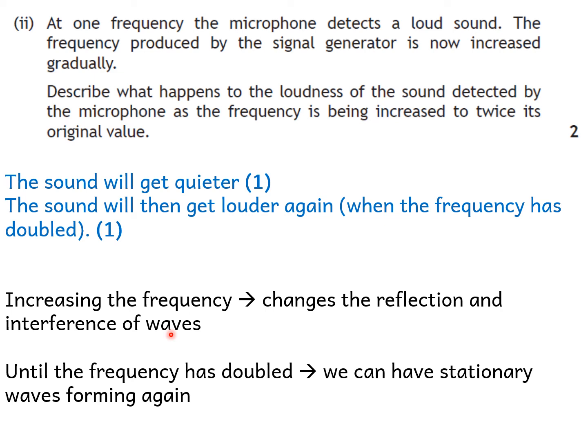It's not until the frequency has doubled that you see the next stationary wave being formed, and that's when you see the next maxima. So to begin with, the sound gets quieter and then it gets louder as that stationary wave is reformed. Those are some typical questions that you get asked about stationary waves.